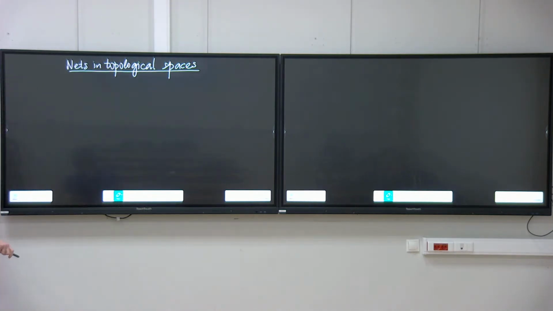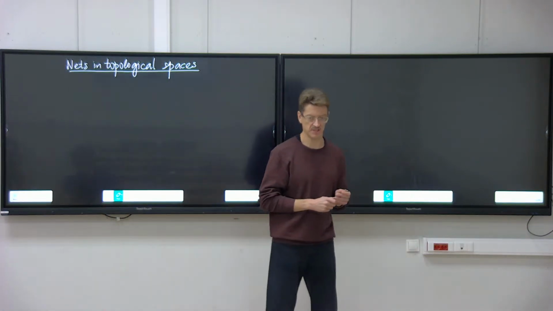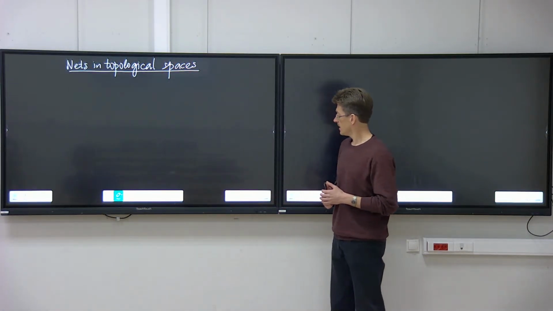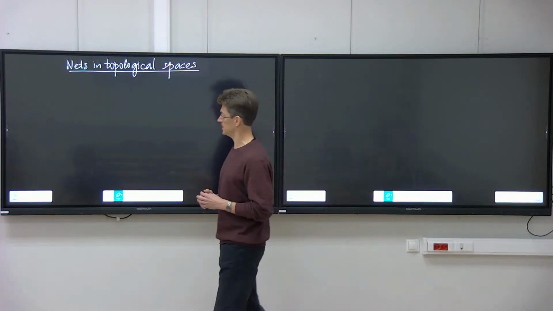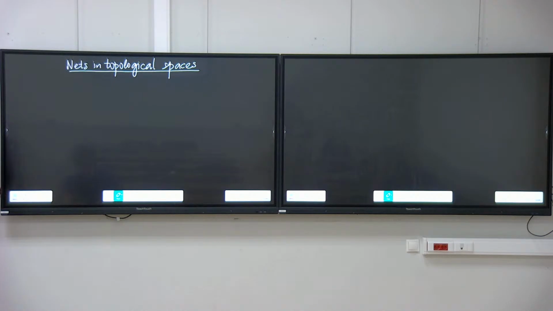Roughly, a net is a generalized sequence indexed by an arbitrary directed set. And before we define nets, let's slightly generalize the notion of a partially ordered set.